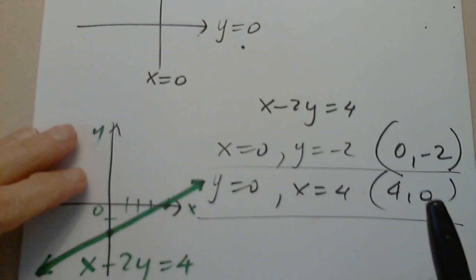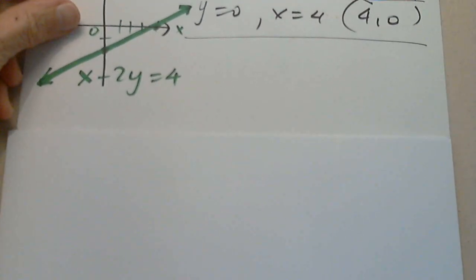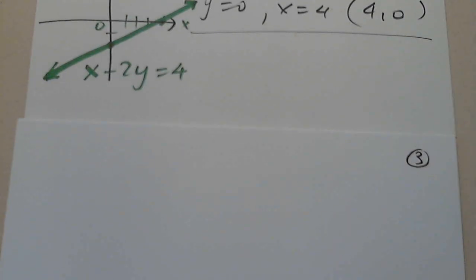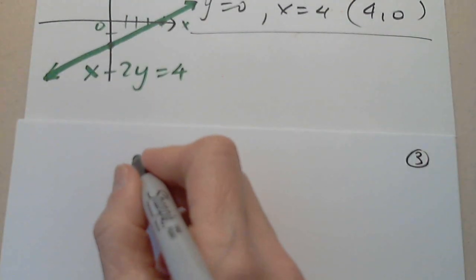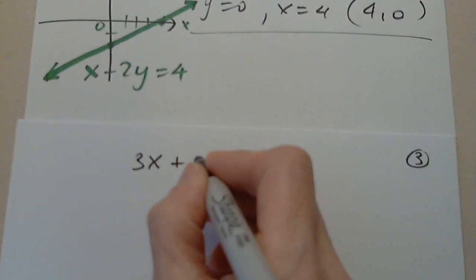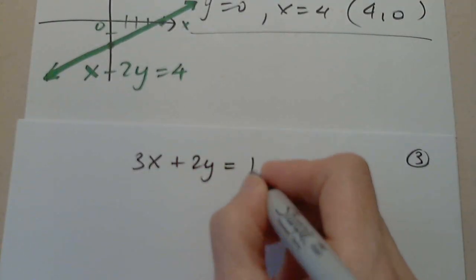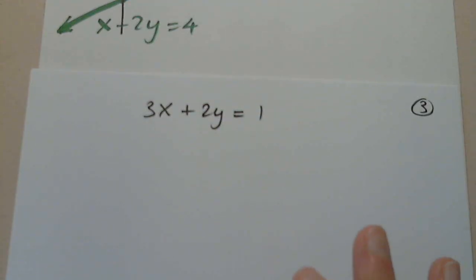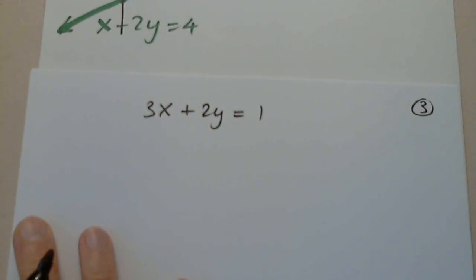However, you may be asked to use x and y intercepts to graph on something like this. Let's say 3x plus 2y equals 1. There is a problem here with Pearson, nothing wrong with what I'm showing you.